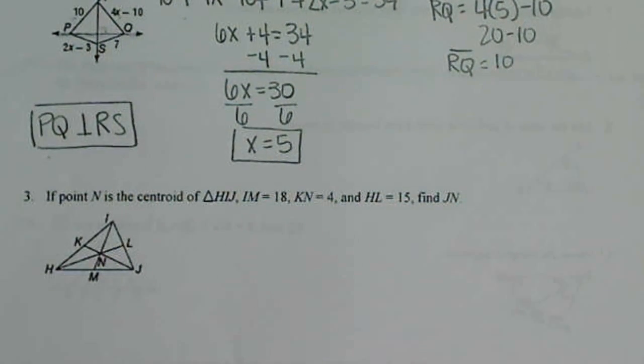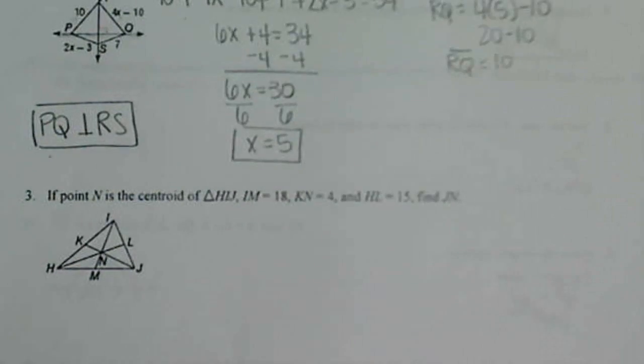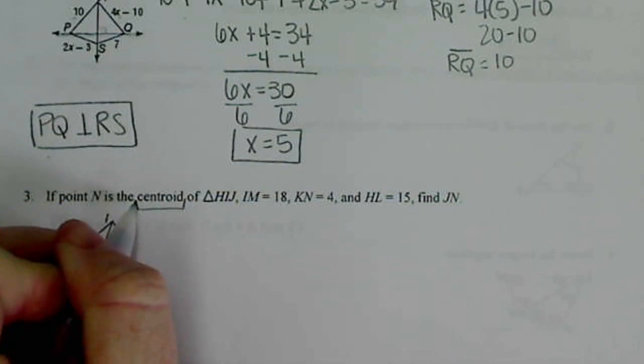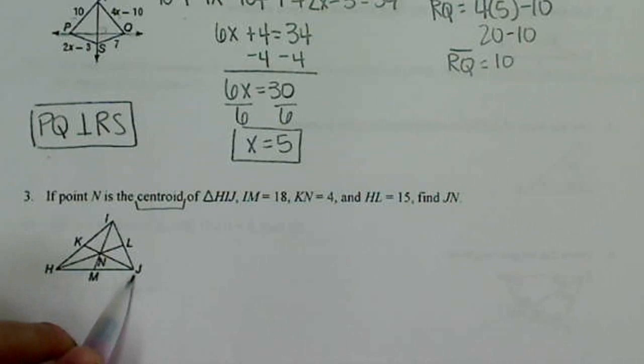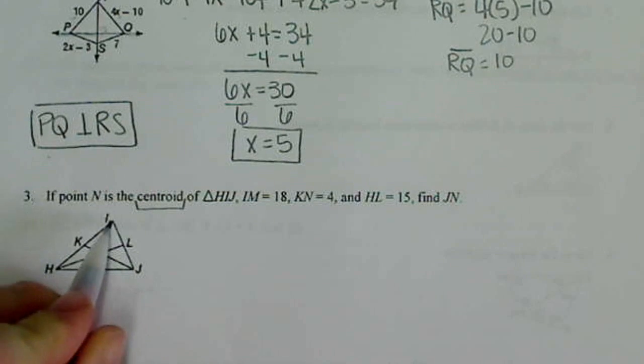Number 3, N is the centroid. What does centroid mean? It's a vocabulary word from chapter 5. Centroid is the place where all of your medians meet. So all of your lines here, JK is a median of this side.